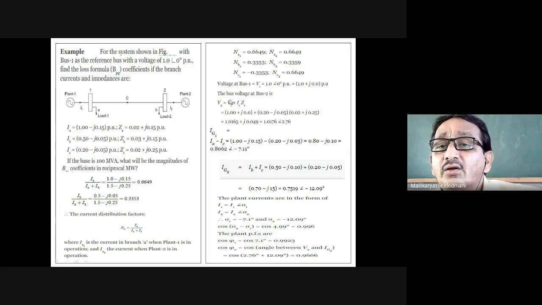Now, bus 1 is said to be the reference bus in the system. Then the voltage of that bus is 1 angle 0 pu. What is the voltage of this bus at that time? The voltage from this bus to this bus is computed from the reference voltage, the current flowing through this, and the impedance of this. You can see here, V1 plus IC into ZC is nothing but V2. You may ask why it is required.